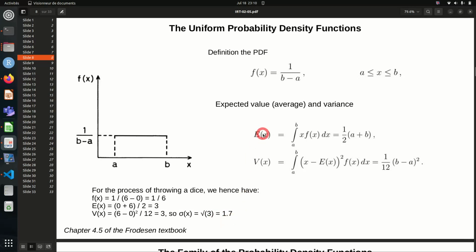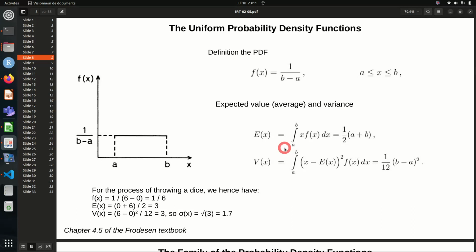How do we compute these expected value and variance? Using the definition I introduced in the previous lecture, which is that we compute the average with a sum. Now it is not a sum like when we sum over individual measurements, we sum over a continuous function. So we have a continuous integral here.